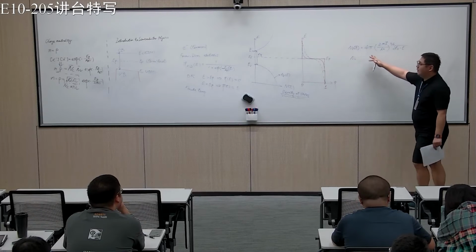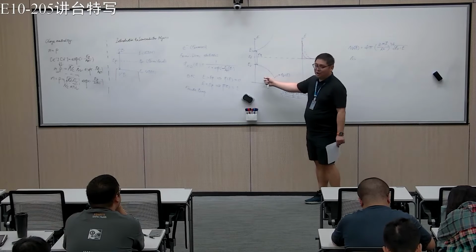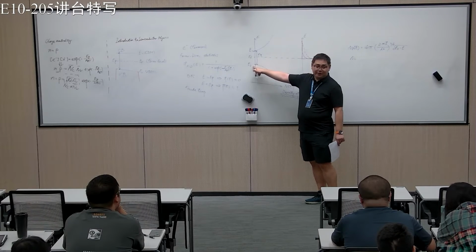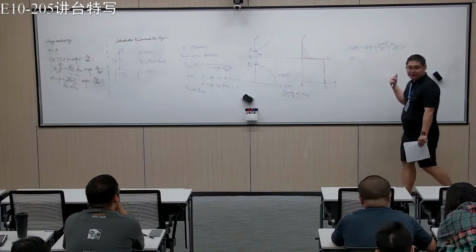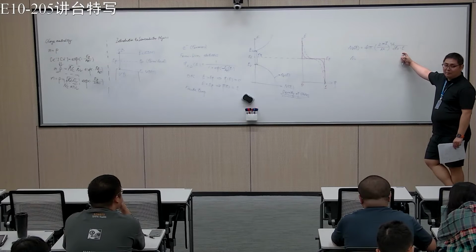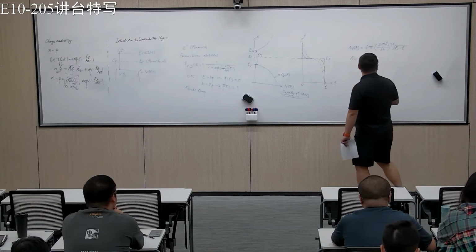First of all, it's a function of the energy. If you go down, you have more and more states. If you are exactly on this point, the density of states is 0. If you go down, you have more and more density of states.